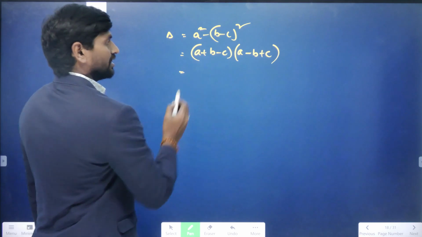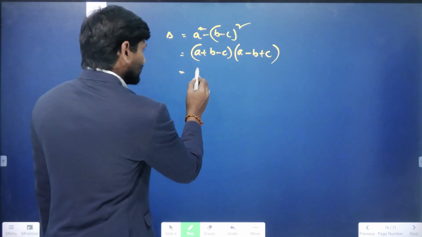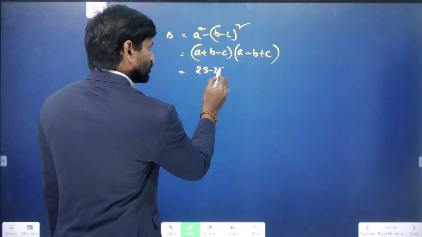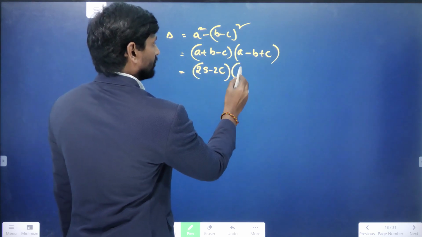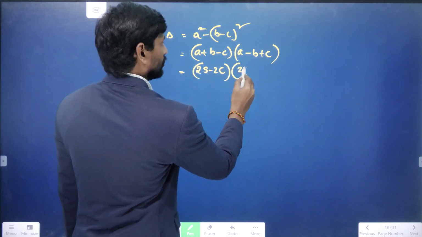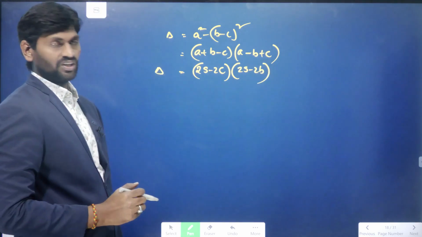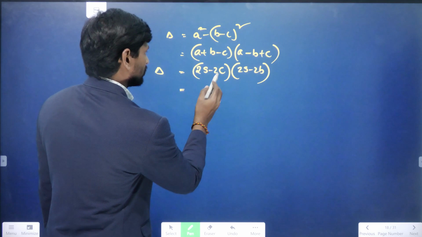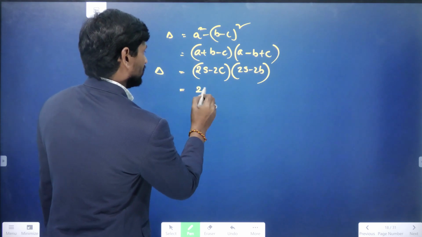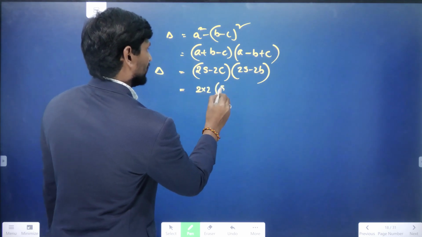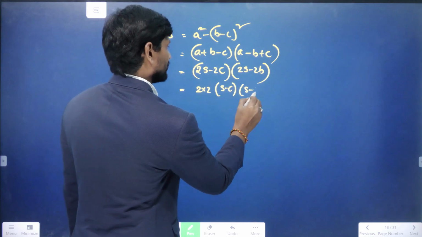This a plus b minus c is nothing but 2s minus 2c, and this will be 2s minus 2b. This is delta. So if you take 2 common, 2 into 2, 4 common, it will be (s minus c) into (s minus b).